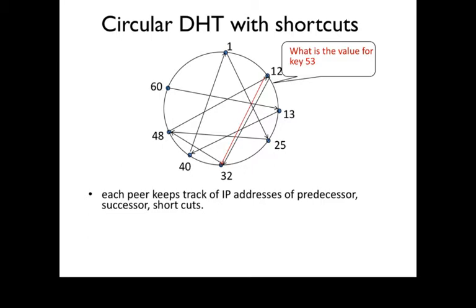Now, if you have shortcuts, you will cut down the search complexity, but you will increase the update complexity. So there's a trade-off involved. In the worst case, you can have O of 1 search by remembering everybody. But on update, you will do O of n because you have to update everyone.